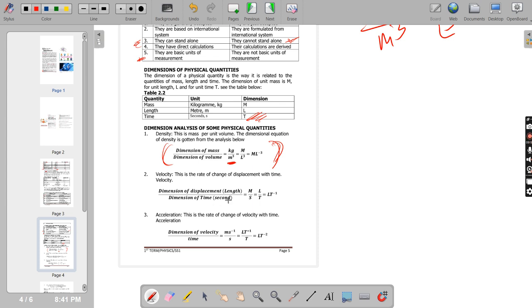Displacement is length, so the rate of change in length over time, which is T. The dimension for length is L. The dimension for time is S. So I should delete this. We have L over S.